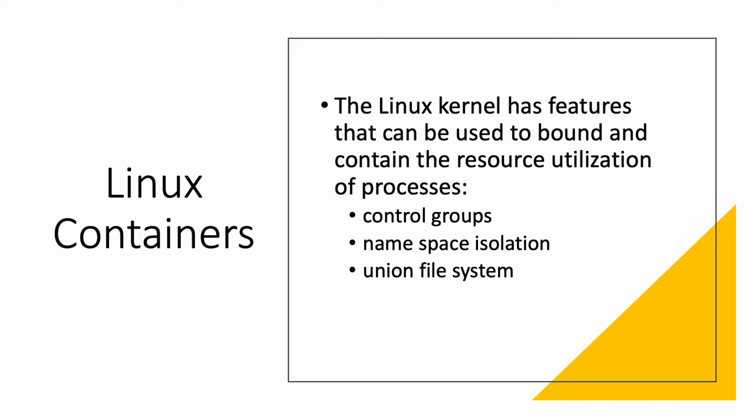Really what we're looking at is yet another form of virtualization. The Linux kernel has three things that allow it to be used for containers, because it does this resource utilization and abstraction of processes: control groups, namespace isolation, and the union file system.